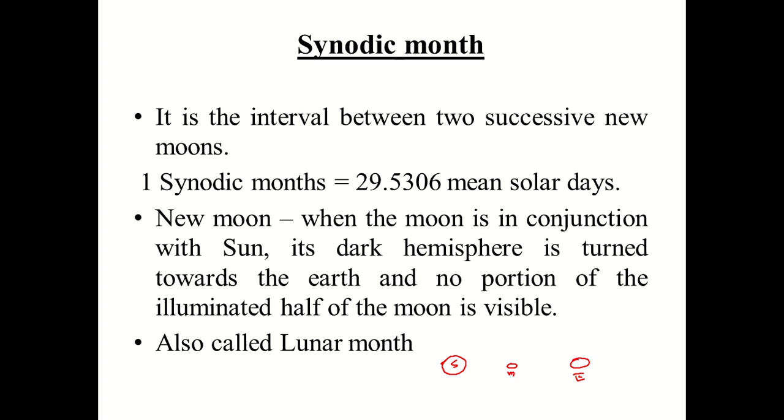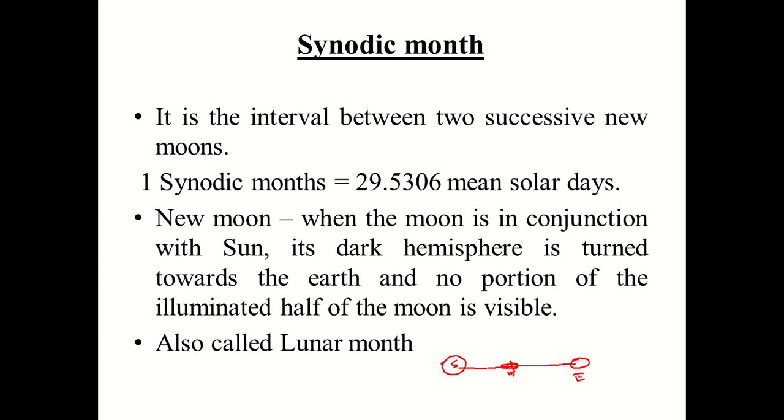But when you consider this sun and earth line, and the moon comes in this line, that is, the moon is in conjunction with the sun and the earth, the sunlight is falling on this hemisphere, and the hemisphere which is facing towards the earth is dark.